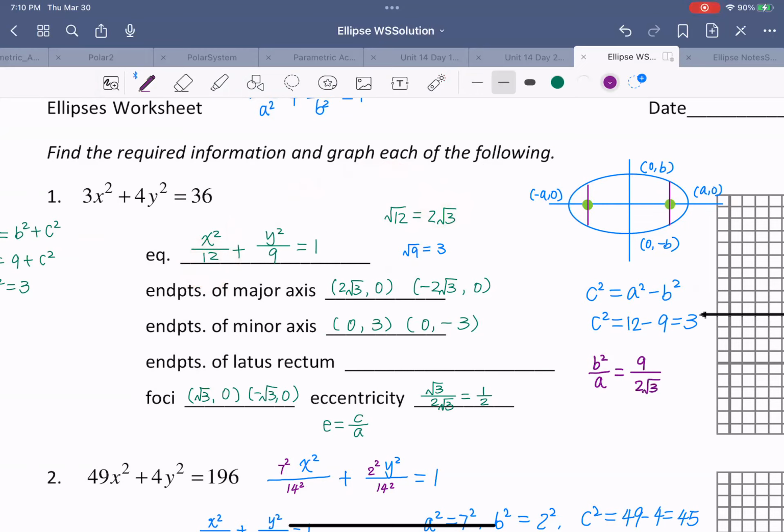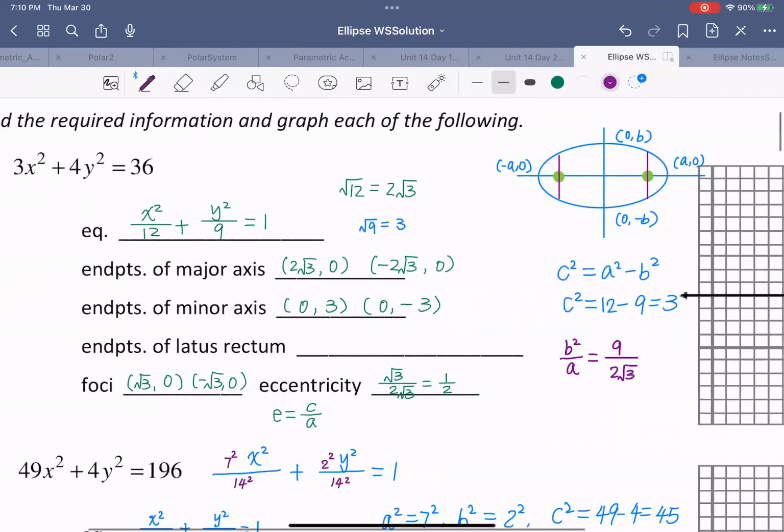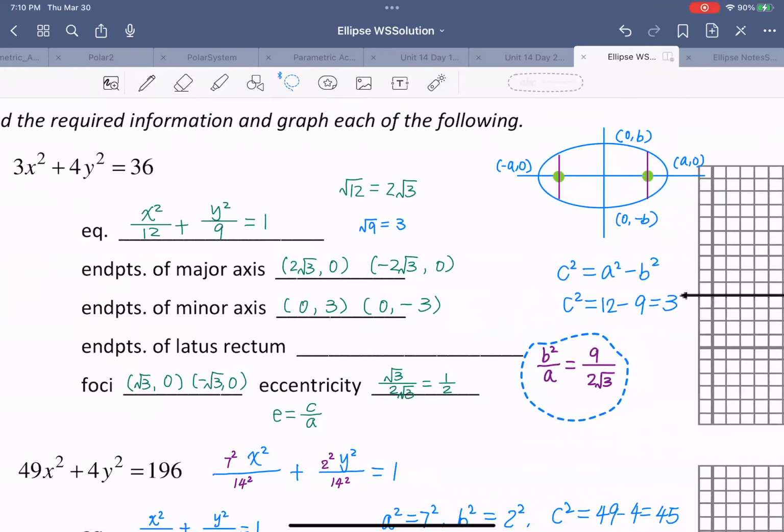Does this make sense now? 9 divided by square root 3 will be? 3 times 3, 3 over square root 3 is square root 3, right? Okay. So from this focus, you will go up by this amount and you will go down by this amount.